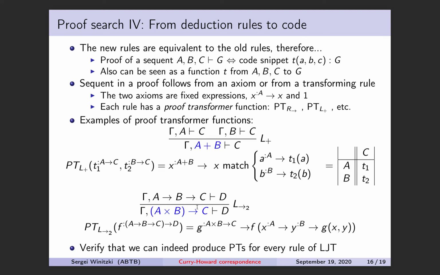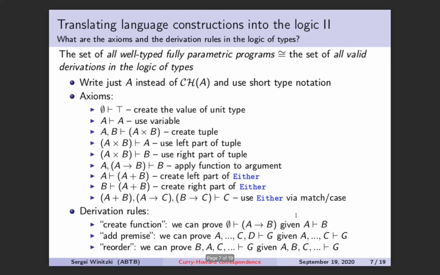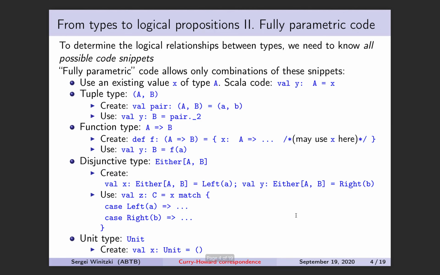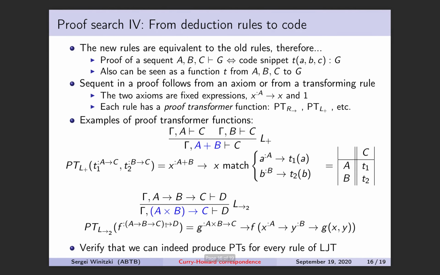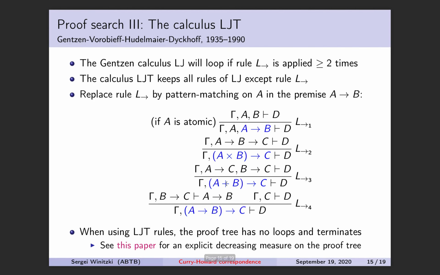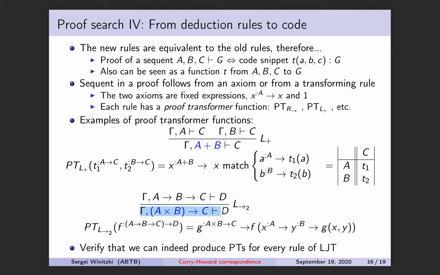Here's another example of a proof transformer. It's another code snippet. So the code snippet is a lot more complicated than the code snippets we started with, these elementary code snippets. It's easy to write the full list of those, but it's not easy to come up with these rules. And for each of these rules, the proof is going to be more complicated.